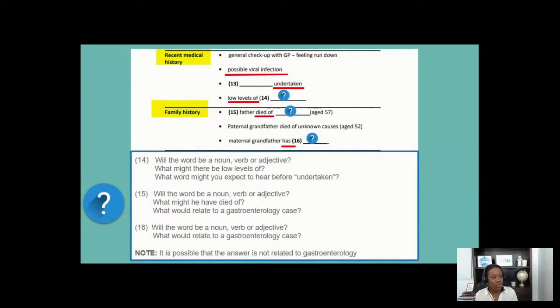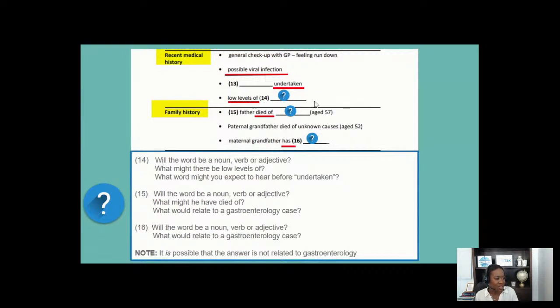So we're going to move on now to do a little bit more anticipation. And we're going to anticipate what might come in the next gap. So number 14, 15, and 16. For number 14, will it be a noun? Will it be a verb?